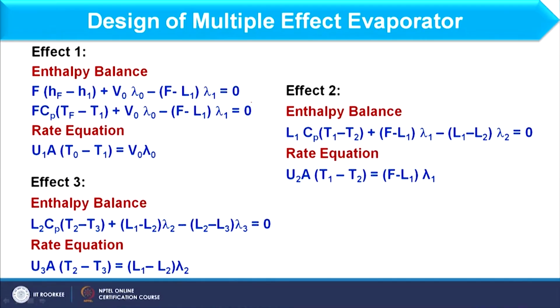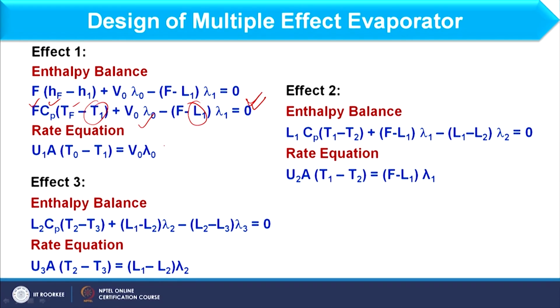If we focus on the first equation, f, Cp, Tf are known to me, and only T1 is unknown, so this is not non-linear. Here lambda naught is known, V naught is unknown, and similarly in this term we have L1, which is unknown. So, this equation is purely linear in nature.